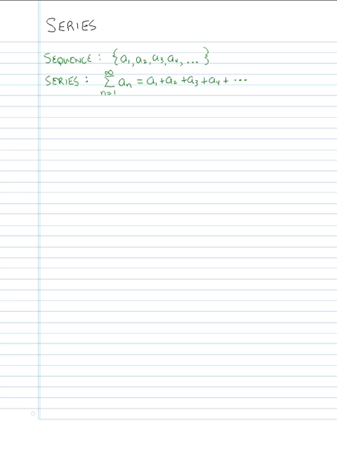Now, there's nothing particularly magical about the index we use. I call these a sub n's, and so I'm letting n change from 1 and incrementing by 1 each time. So n starts at 1, and then it increments to 2. n is called the index. We could have used a different index name, a different letter. We could have said the sum from k equal 1 to infinity of a sub k. And so when k is 1, we have a sub 1.